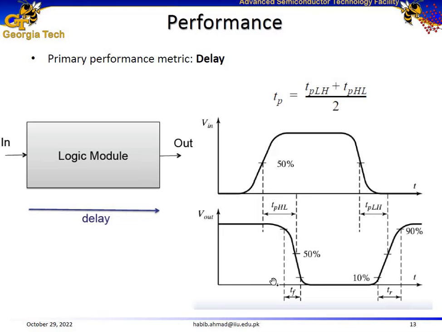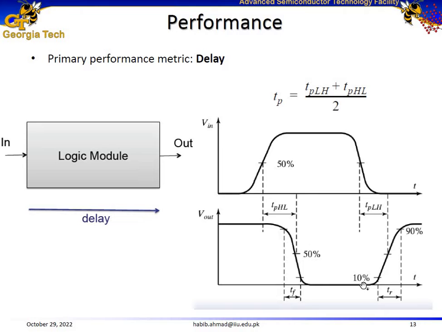But because of the capacitances of the individual NMOS and PMOS transistors, it's going to take a certain amount of time for the output voltage to respond, and after that it starts transitioning from high to low.